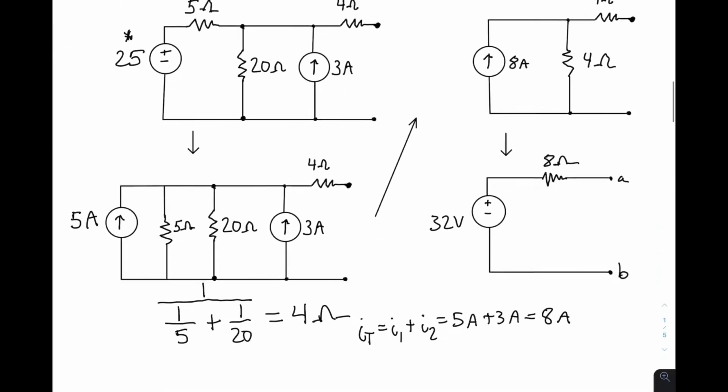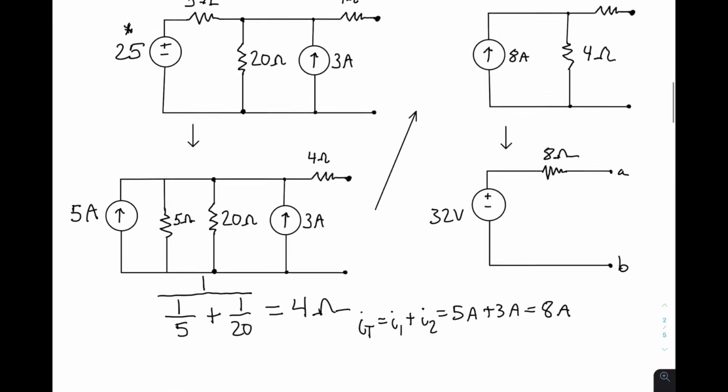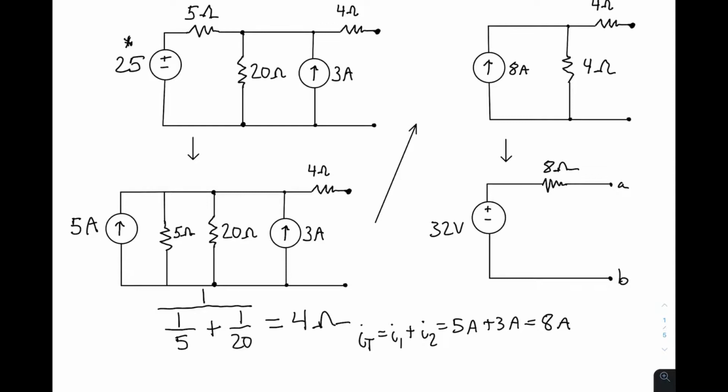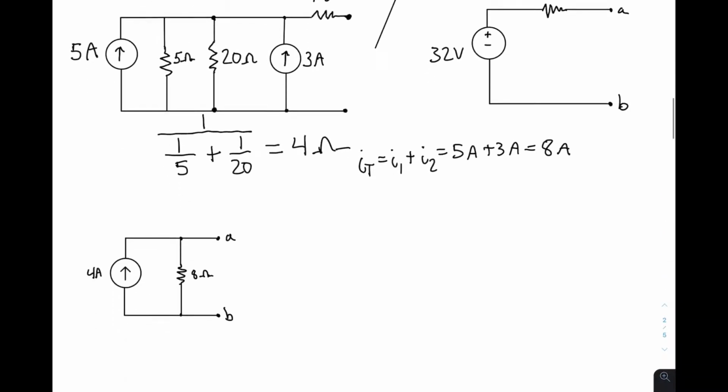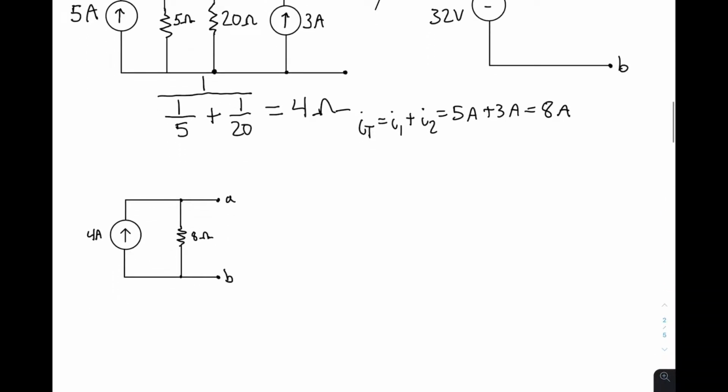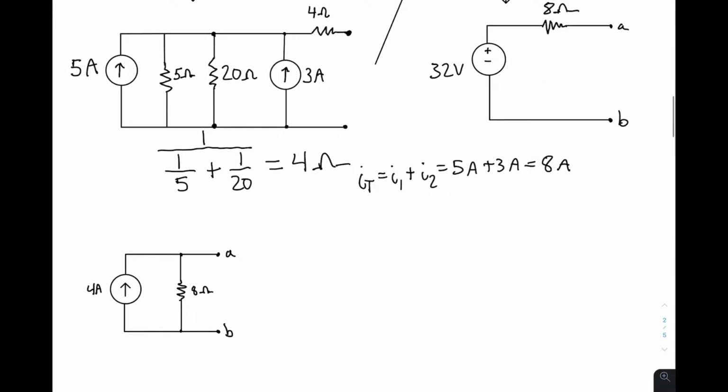So before we move on to the next section, we can do one last source transformation on this Thevenin equivalent circuit. So if you take 32 volts divided by 8 ohms, you're going to get 4 amps. Therefore, this final source transformation is going to be a 4 amp current source in parallel with an 8 ohm resistor.